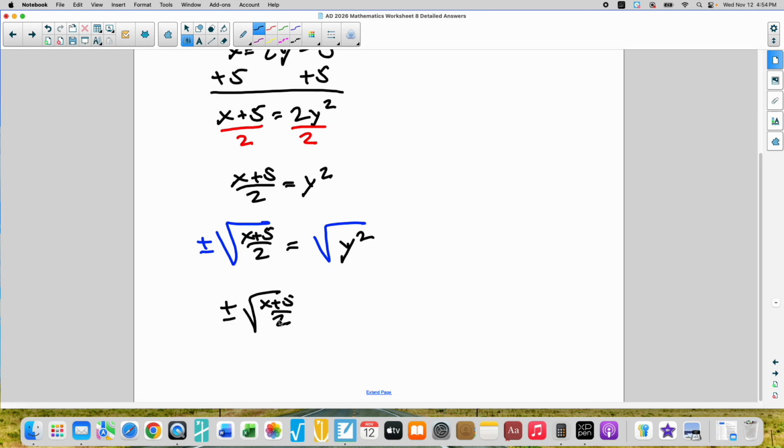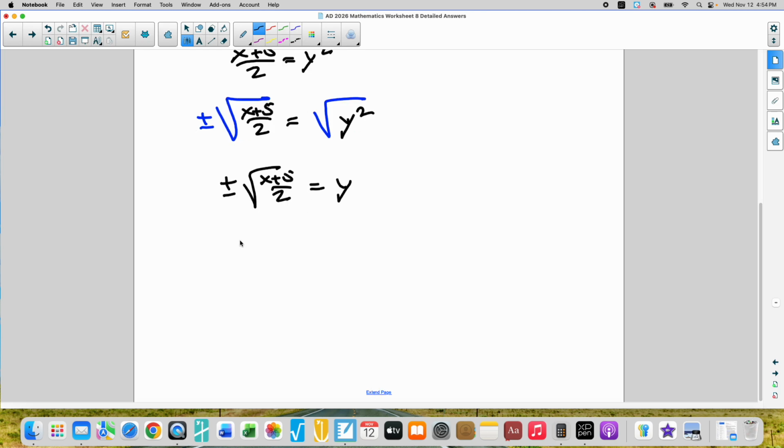Ooh, that's not going to work. We have to, that equals y. We can't have a square root in the denominator, so we'll separate each of those and let's rationalize it. So we distribute 2.